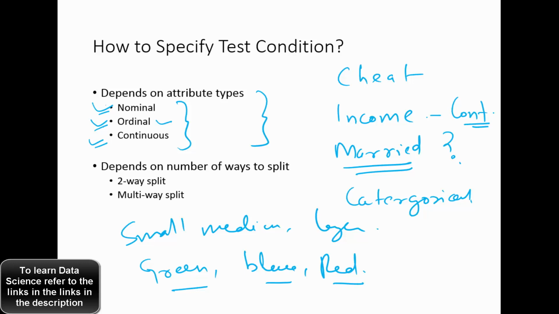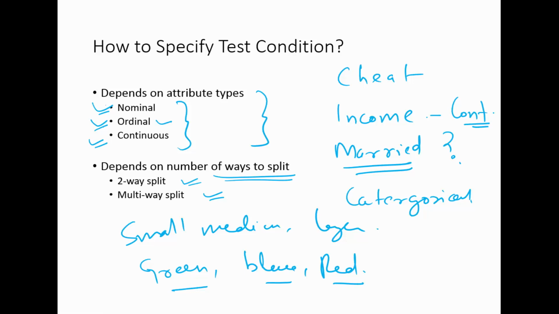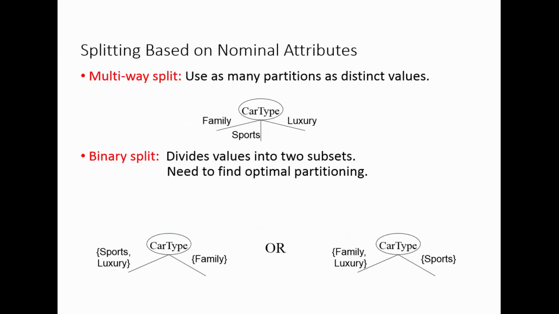It also depends on the number of splits you're going to have. That could be a two-way split, or a multi-way split. That means you can split in two ways, and it could also be in multiple ways. So we'll see splitting based on a nominal attribute. This is a multi-way case where there are many partitions for distinct values. For instance, the example could be car type: a family car, a sports car, or a luxury car.